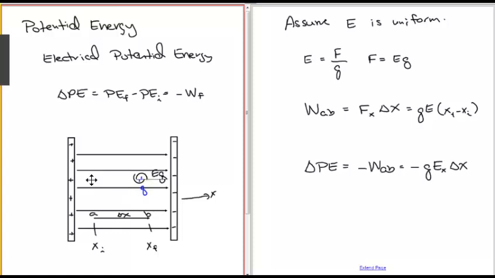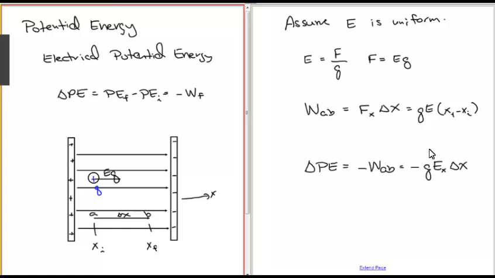In this case, my electric force is pushing from left to right. So this decreases the potential energy. If I go the other direction, I increase the potential energy. Now, if I have a negative charge, then everything flips around the other way. So that's why the sign of the charge is important.